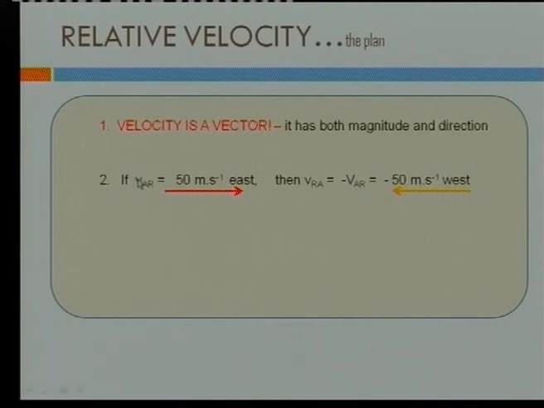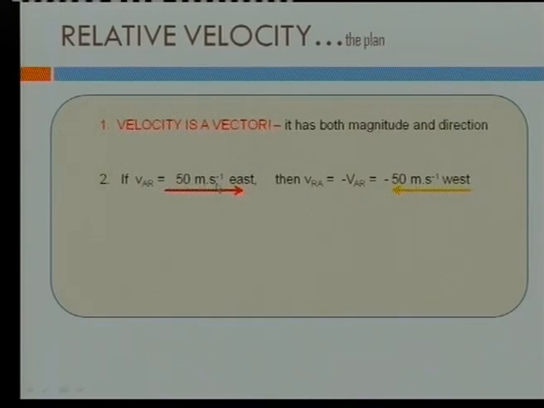If we have the velocity of A relative to r, and if that velocity is 50 meters per second east, then if we change the subscripts around, A relative to r becomes r relative to A. It becomes the opposite direction.